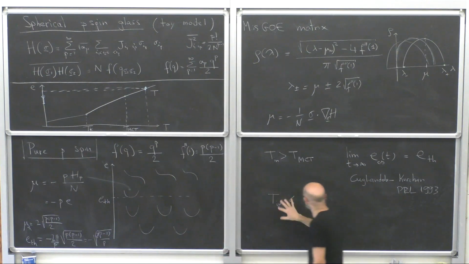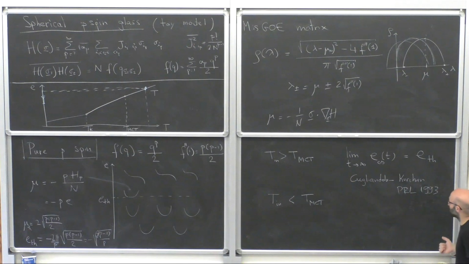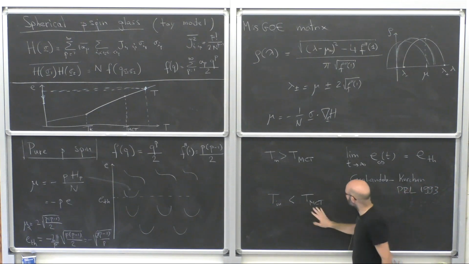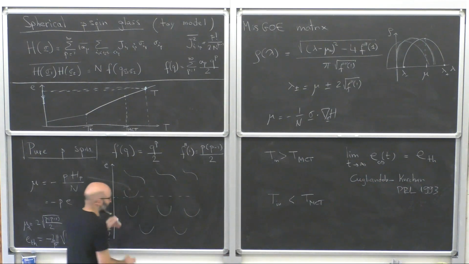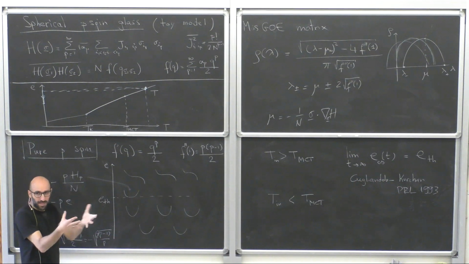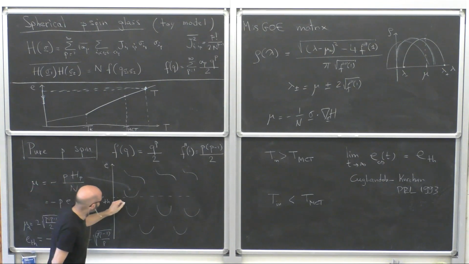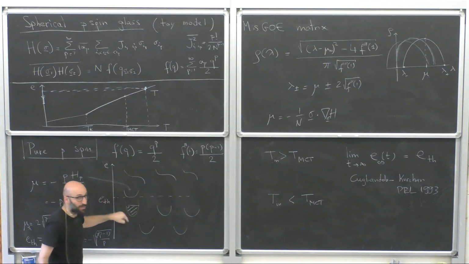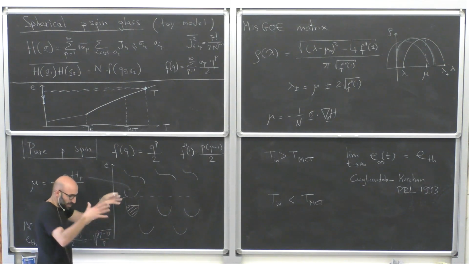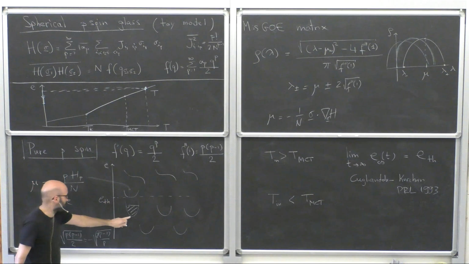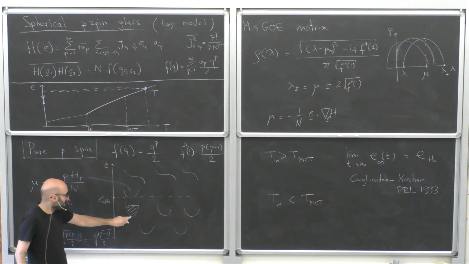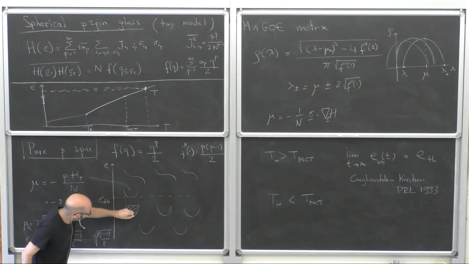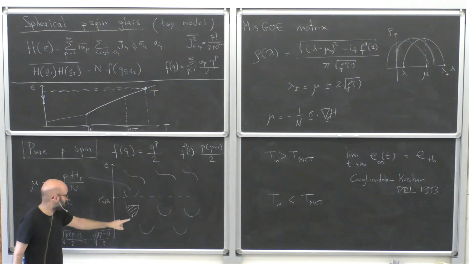So this is maybe a bit academic, but let's check it. What happens if you start below T_MCT is that you are actually starting in one of these metastable states that are essentially finite temperature version of this minima. So you are in the basin of attraction of one of these minima. You are at finite temperature, so you are vibrating around this minimum. When you do gradient descent, you are just going to reach the bottom.